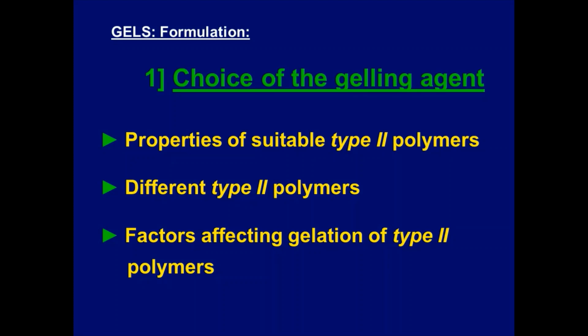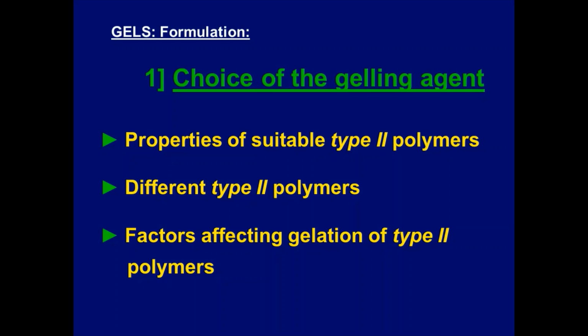Why are we always talking about type 2 polymers? Because as we said before, this is the suitable type for pharmaceutical preparation. So we have to discuss properties of suitable type 2 polymers and different types of type 2 polymers and factors affecting gelation of these polymers.